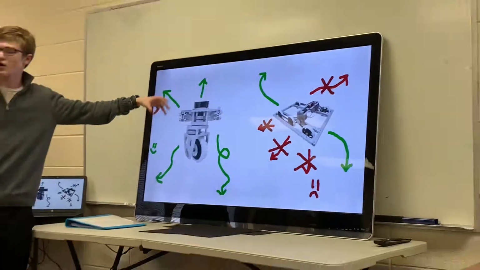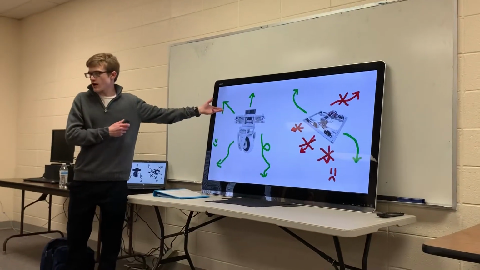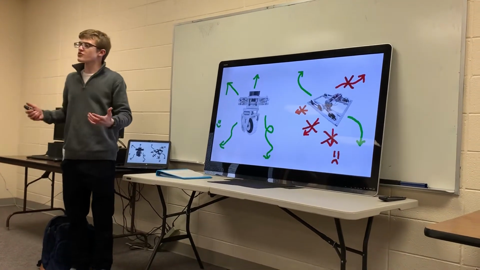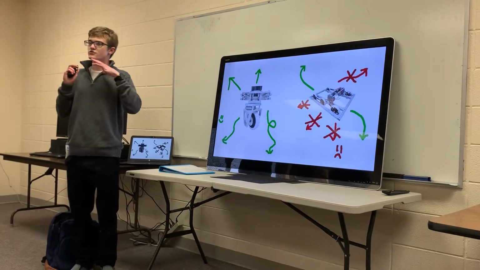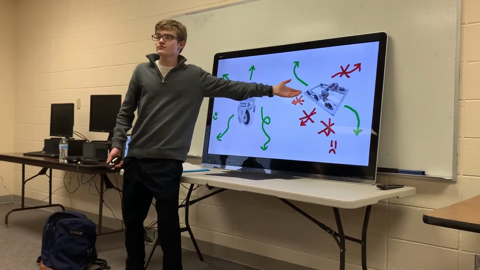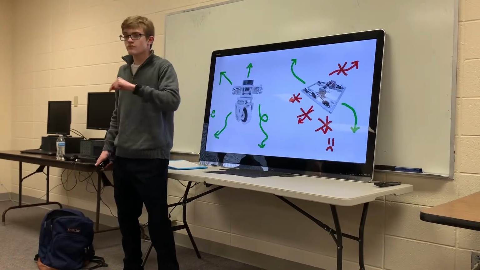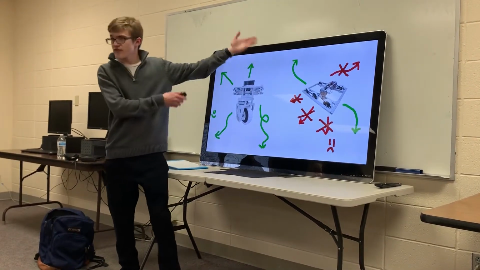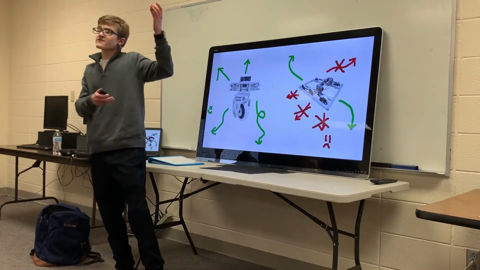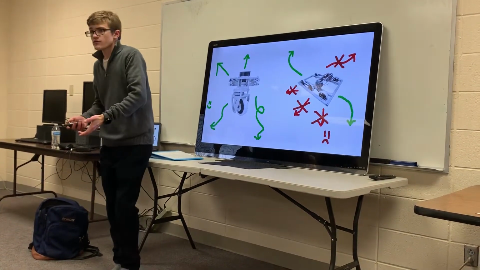So these sorts of problems are called holonomic problems, and that means they follow a certain form and they're really easy to find equations to solve. This type of problem, where the way the robot can move depends on the way it is facing, is non-holonomic, which means it's very difficult to solve.